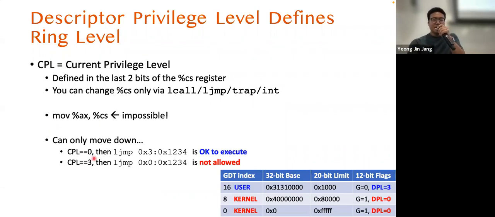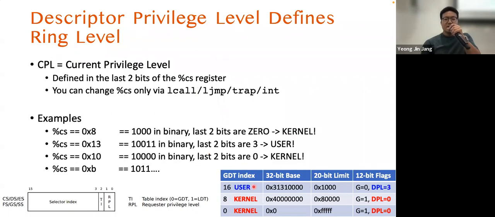So suppose the segment for the global descriptor entry 8 is set as DPL 0.